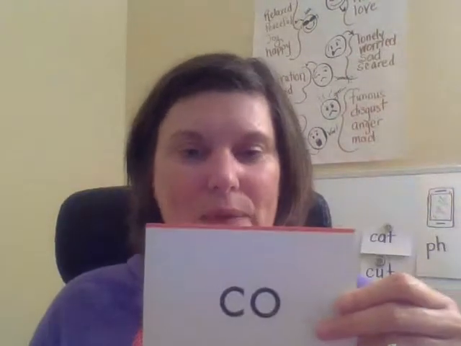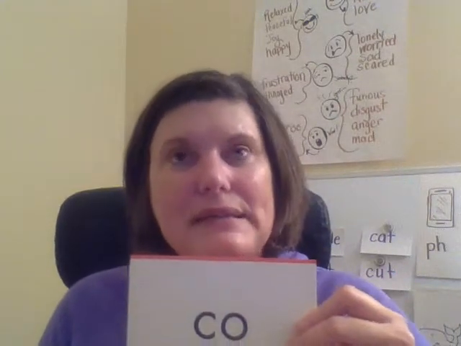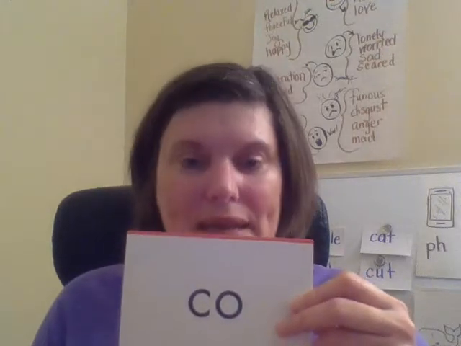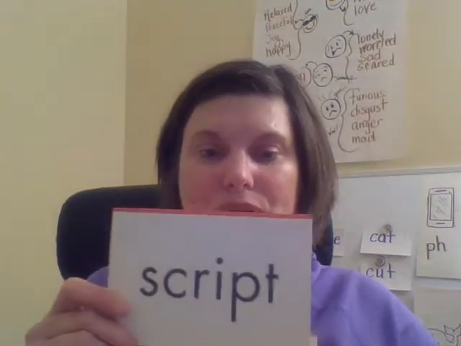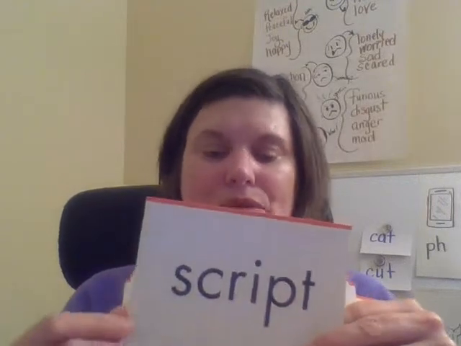And we'll keep working with that. The sound is subtly different depending on the rest of the word. So we'll keep coming back to that. And you'll see many examples of it. Okay. Script. Together, script. Good. Remember, this means write, like writing with a pencil.